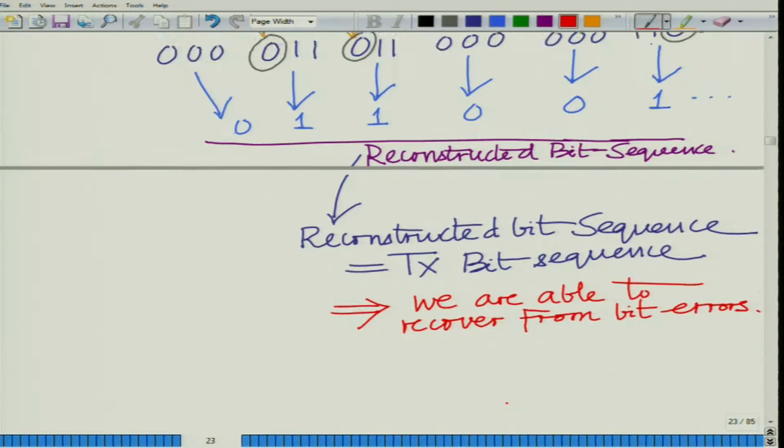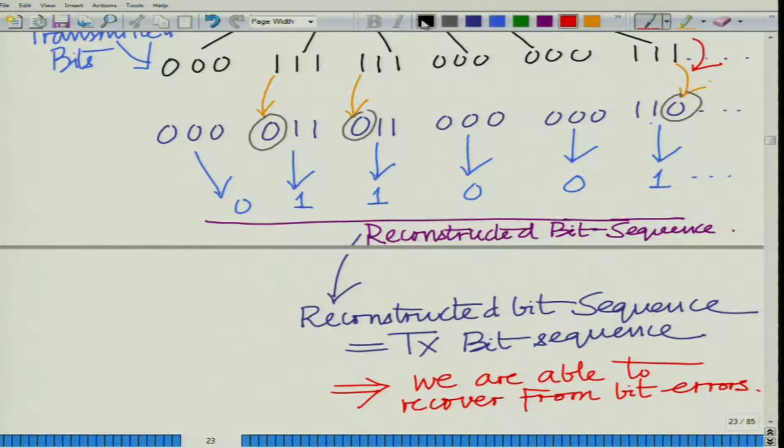We are using a majority decision rule, and that is something you should remember.